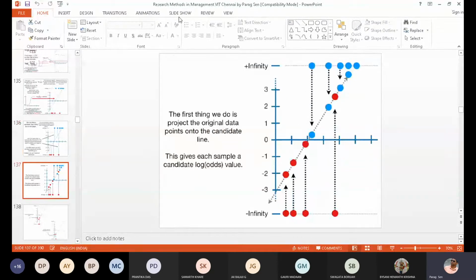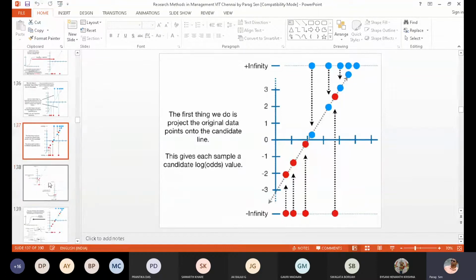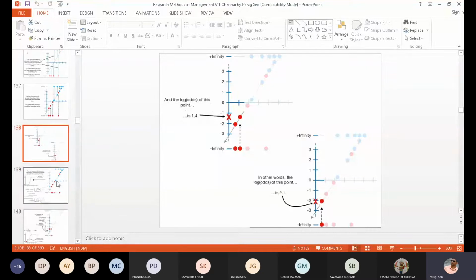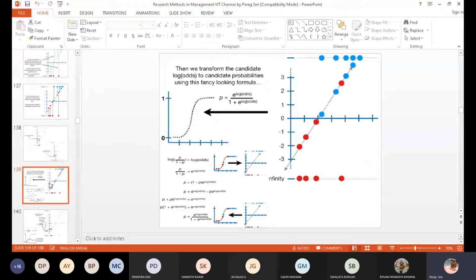So that's why what we do is project the original data points onto the candidate line. This gives each sample a candidate log odds value. Okay. So in this case, we transform the candidate log odds to candidate probabilities using this particular formula.